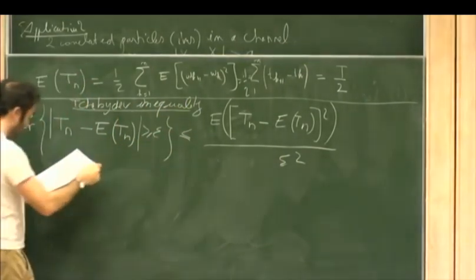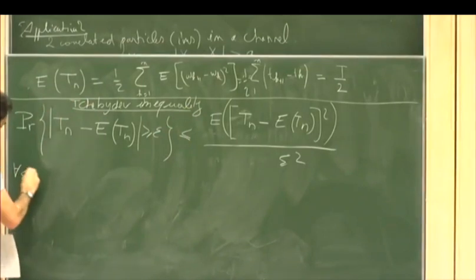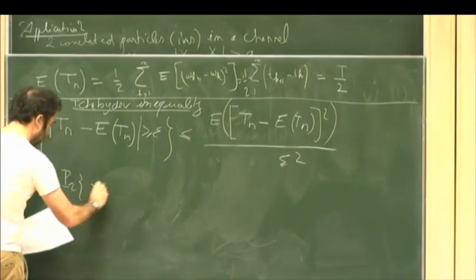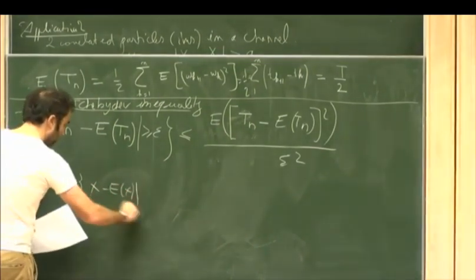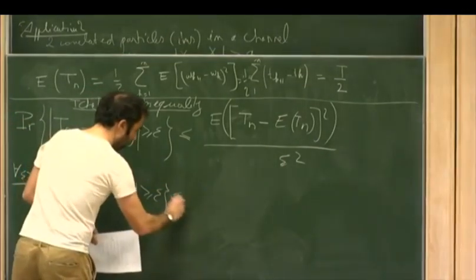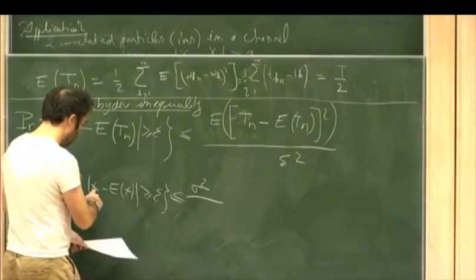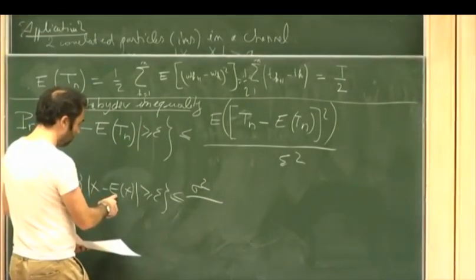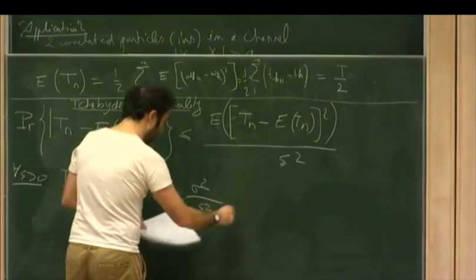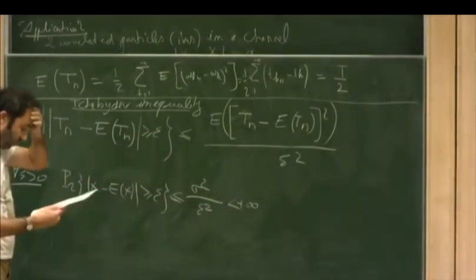It says that for any epsilon positive, if you have a random variable x, the probability that x minus the mean of x is larger than epsilon is less than or equal to the variance sigma squared, where sigma squared means the expectation of x minus the mean squared, divided by epsilon squared, which is finite. We assume that we have finite variance.